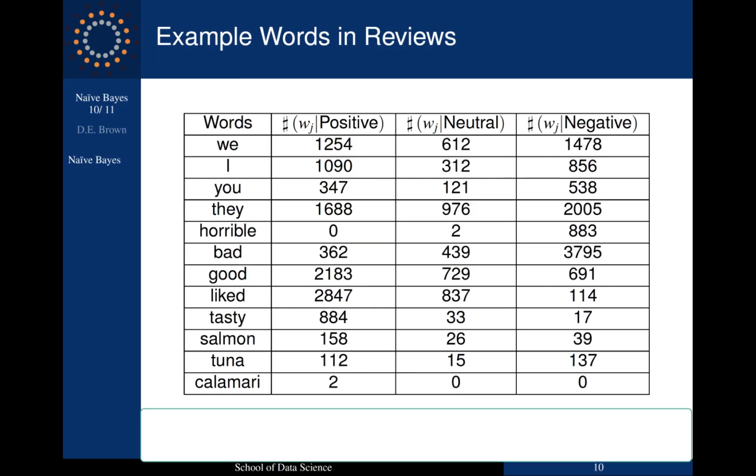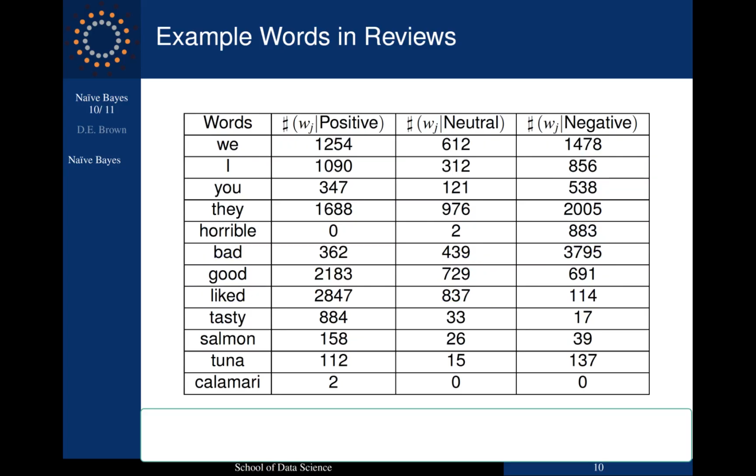And here's a made-up example. We've got positive, neutral, and negative, and we're just counting the number of times we see something. For example, the word horrible appears in none of the positive reviews, 2 of the neutral reviews, and 883 of the negative reviews. The word good appears in 2,183 positive, 729 neutral, and 691 negative reviews.